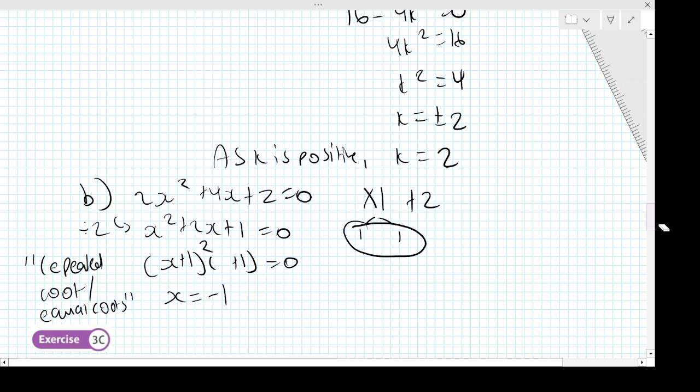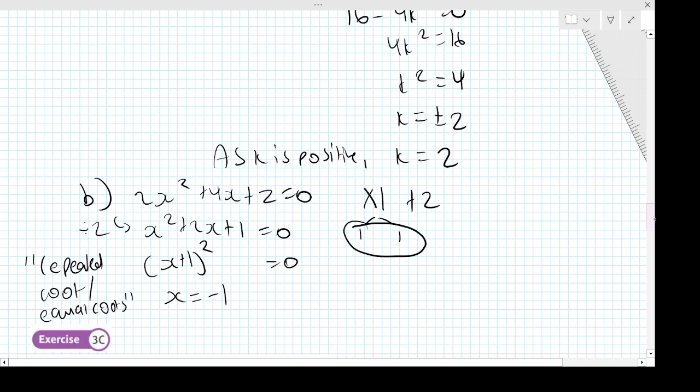So it's x plus 1 squared, if you will. It's the same factor twice, so it's the same root twice. So you only get one distinct root, even though they're equal, which again is why we set the discriminant equal to 0.